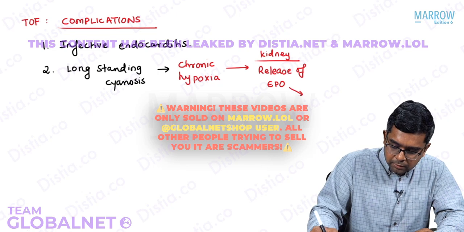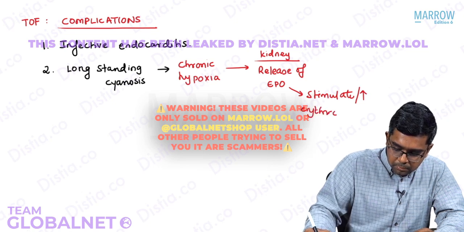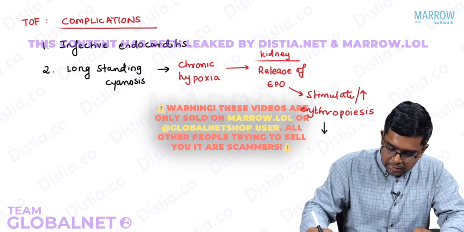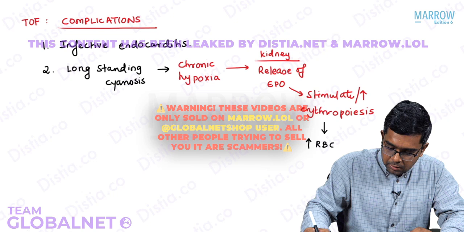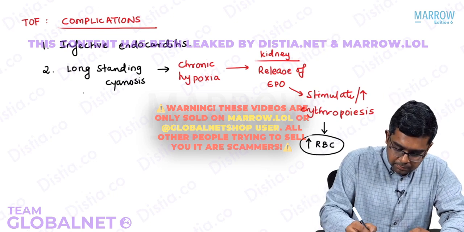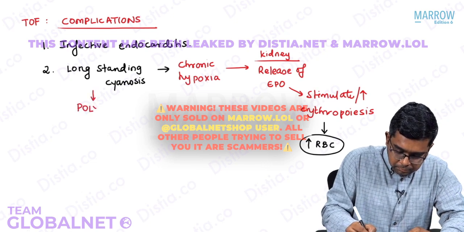This erythropoietin will stimulate erythropoiesis occurring in the bone marrow, and that results in increased levels of RBCs in the blood. What do you call this increased RBC in the blood? It is polycythemia. So the next complication is polycythemia.